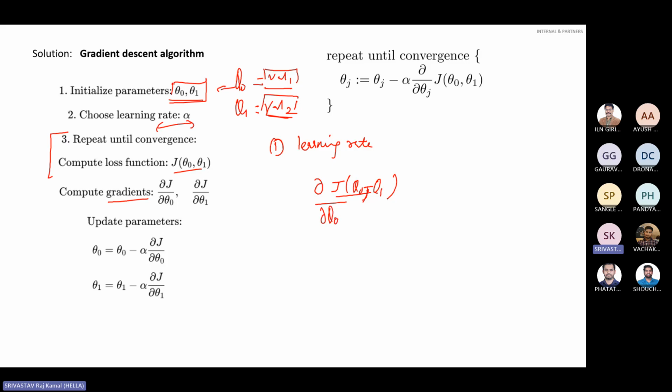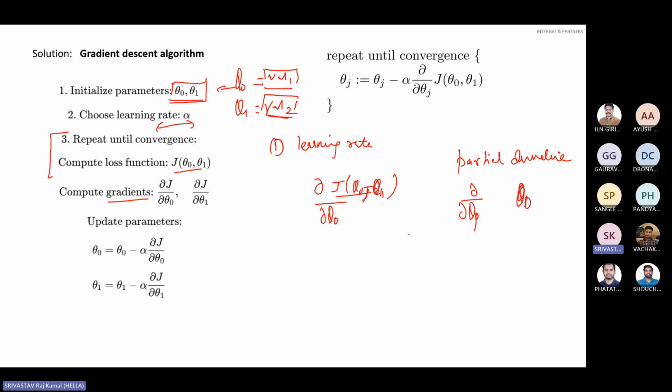When you do such a partial derivative, theta 1 becomes a constant. That's the property of partial derivatives, and it was one of my homework questions from the last session: partial derivative or derivative, what's the difference? In a partial derivative, when you differentiate with respect to one variable, the other one becomes constant. When you do it with respect to theta 1, then theta 0 becomes constant. This is the only thing you need to remember.